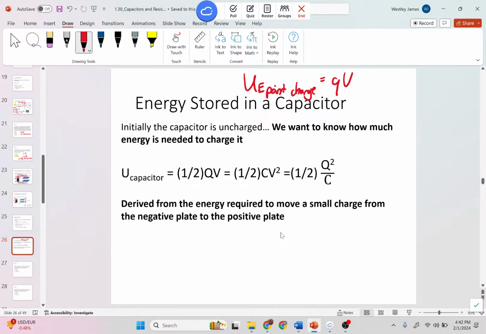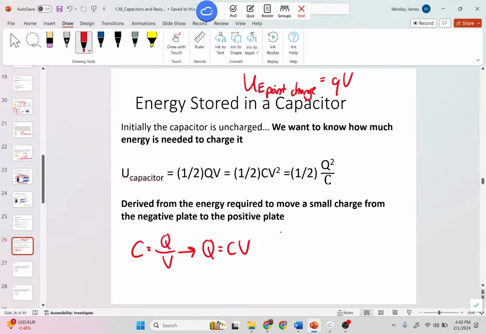Now, how do we get these other equations? So we remember that C equals Q over V. That's the definition of capacitance. If I just rearrange this equation and I say Q equals CV, all I did is rearrange it.